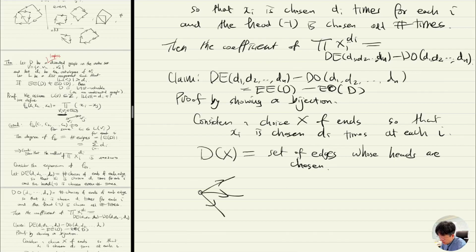Initially, it was a graph like this. So in this case, di is 3, right? Because you have 3 outgoing edges. Now I know that this choice x chooses this vertex 3 times. So you may choose 1, 2, 3. They chose this. Now Dx is the set of edges whose heads are chosen. That means you're choosing this guy and that guy. So that's in Dx.